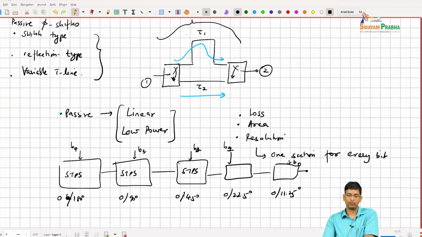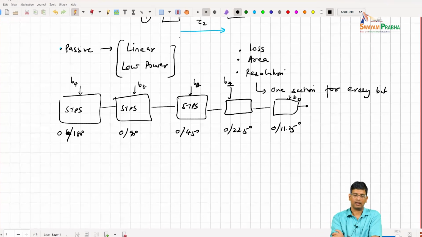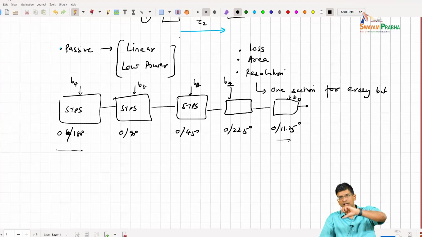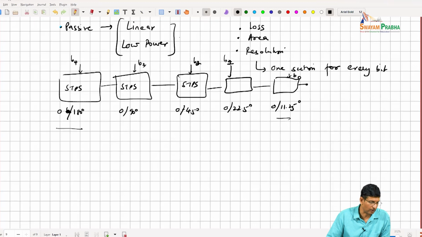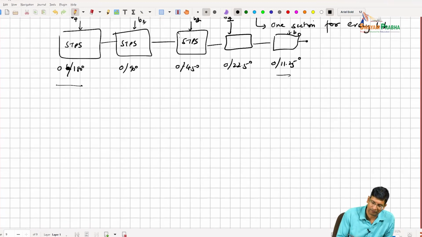It is also true that the larger the relative phase shift, usually the larger the area of the block; the 0-180 phase shifter is going to be bigger than the 0-11.25 degree phase shifter. So as you go down the resolution chain, the switch type phase shifter is getting smaller as well. That's practical. So what is inside these blocks if I am trying to build a phase shifter?